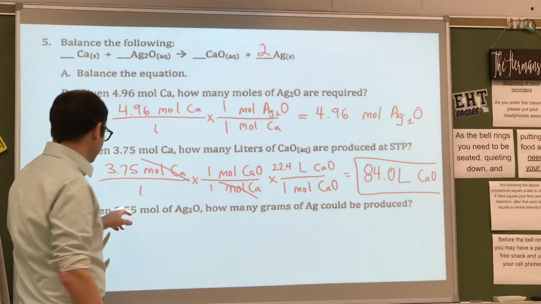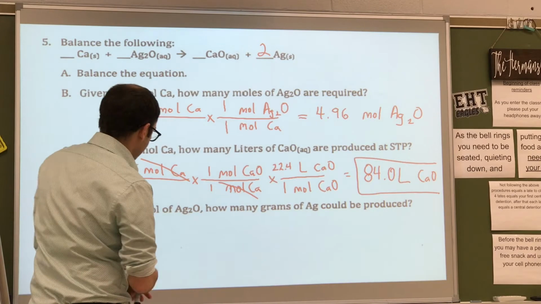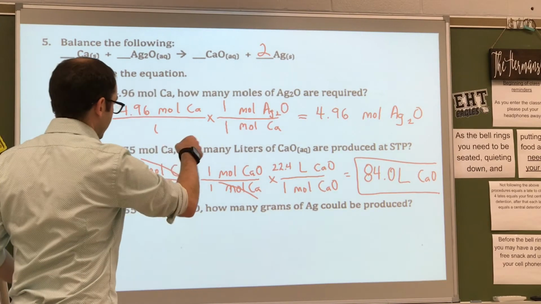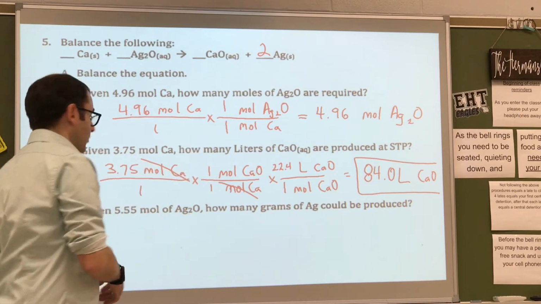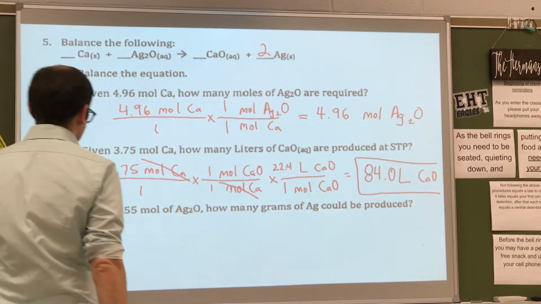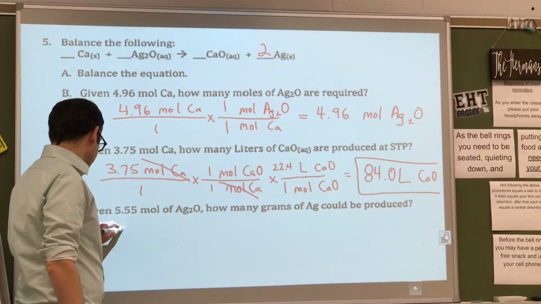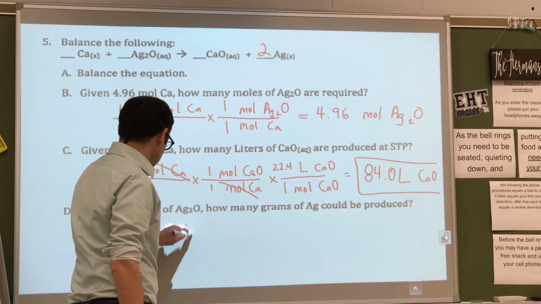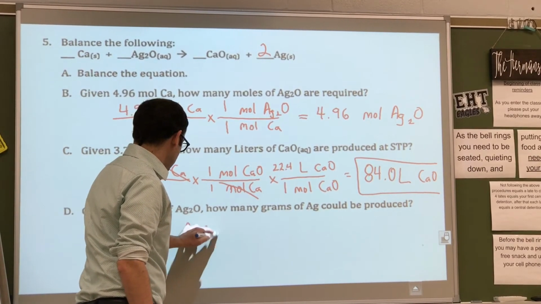All right, and the last one. Given 5.55 moles of the silver oxide, how many grams of silver could be produced? So it's very similar to the one up there where we're doing something new. So give it a try. Why don't you guys try that one? Okay, so we start with 5.55 moles Ag2O.